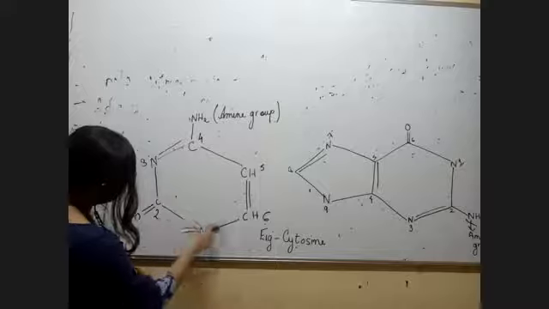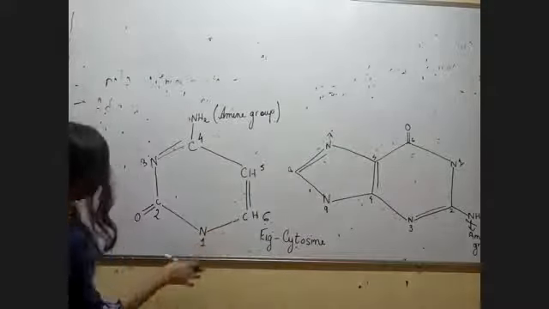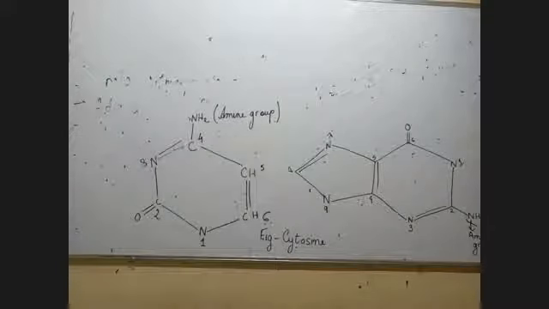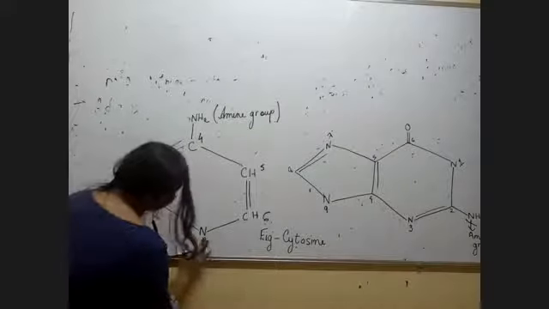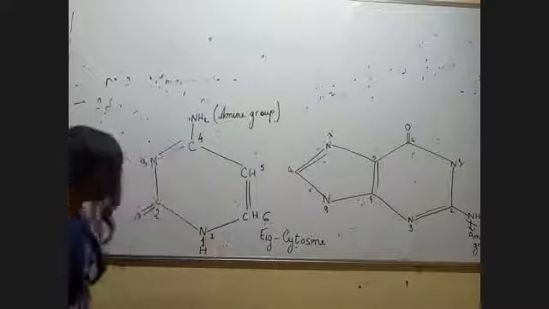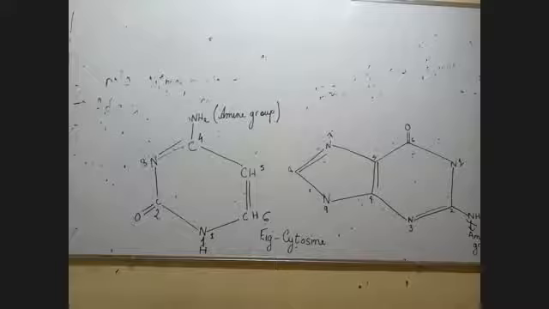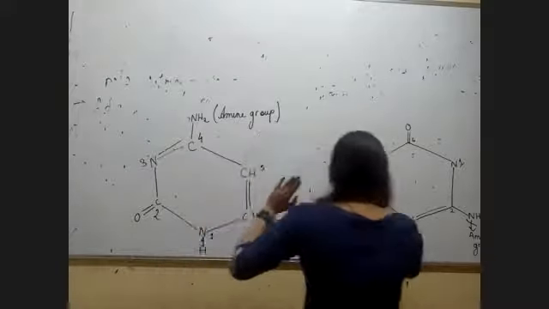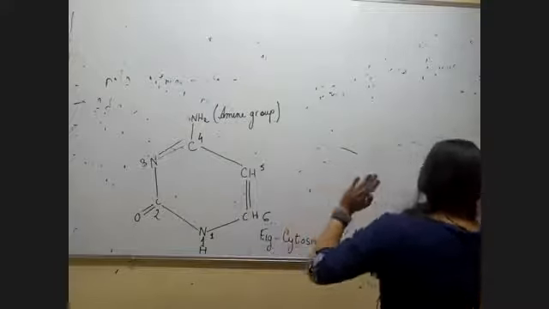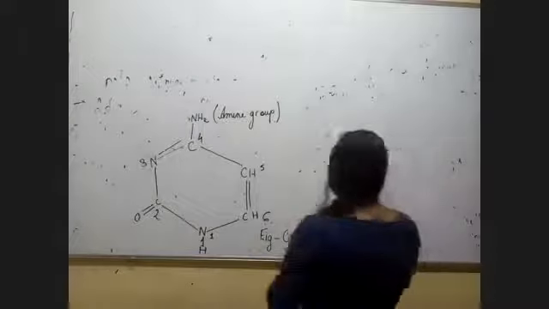One, 2, 3, NH. So this structure can also be written with hydrogen here, and hydrogen here. Without writing the carbon, we can draw it like this.